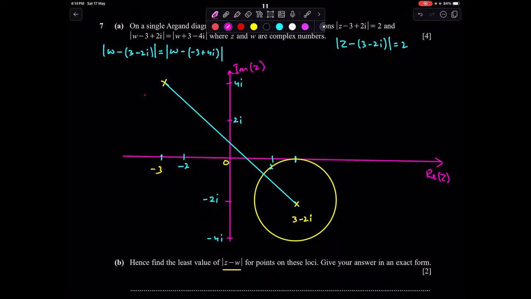So the perpendicular bisector of these two is this. And this is 1 i according to scale.